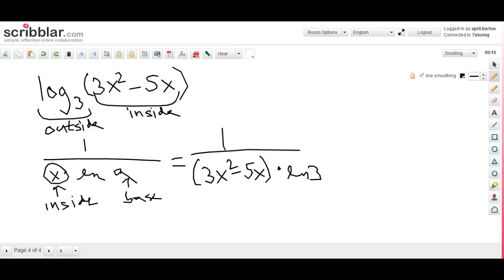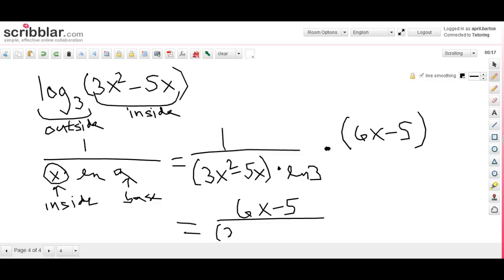So that's the derivative of the outside, evaluated at the inside, times the derivative of the inside. Derivative of 3x squared minus 5x is 6x minus 5. Now if you could simplify, you would. There's no way to really factor this to get anything to cancel though. So the most we can do is just write it all together as one fraction.